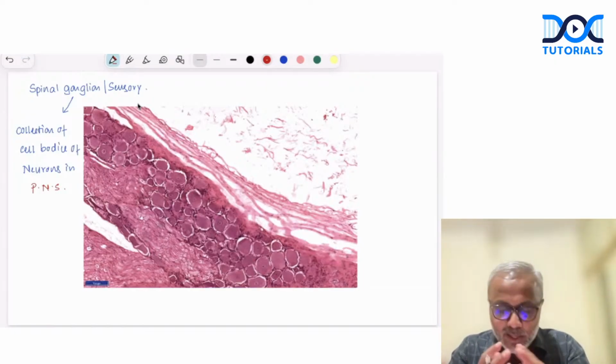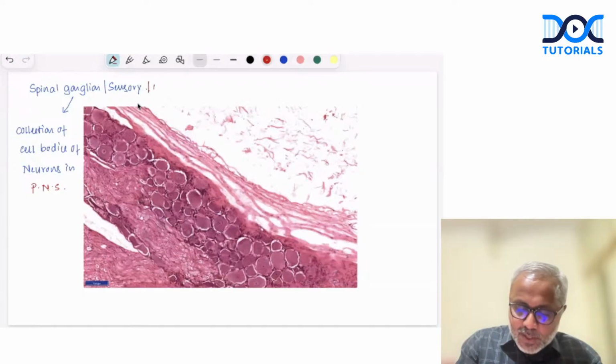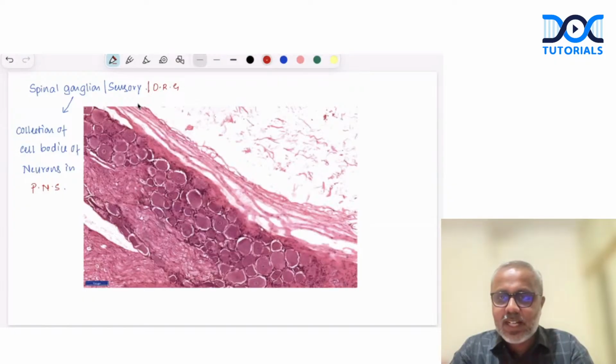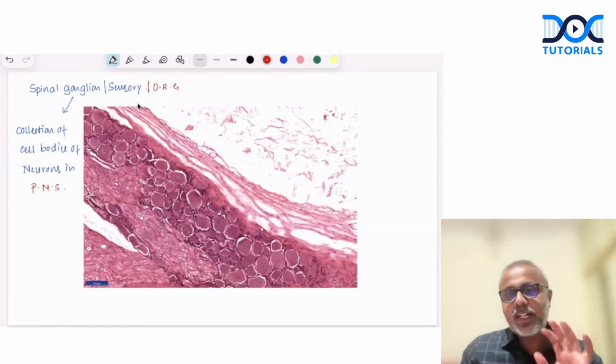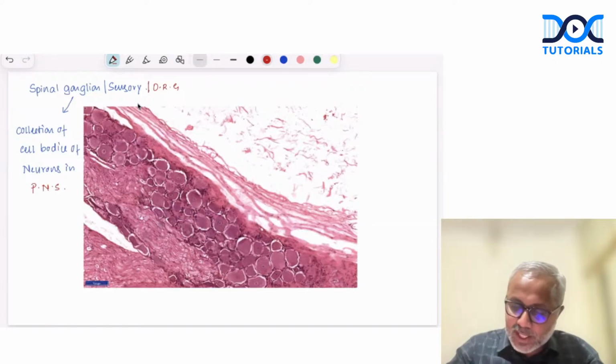One is the sensory ganglion, which is also referred to as the dorsal root ganglion. Are we clear? Now, how do I identify this as the dorsal root ganglion?